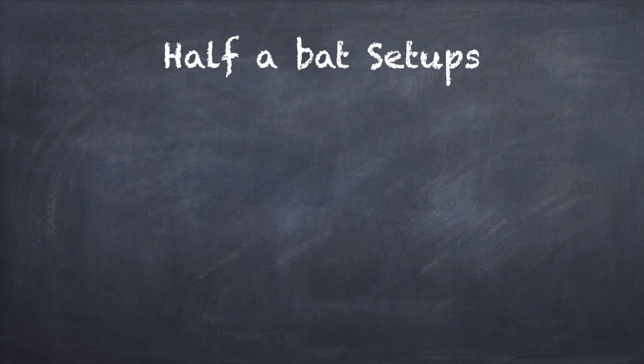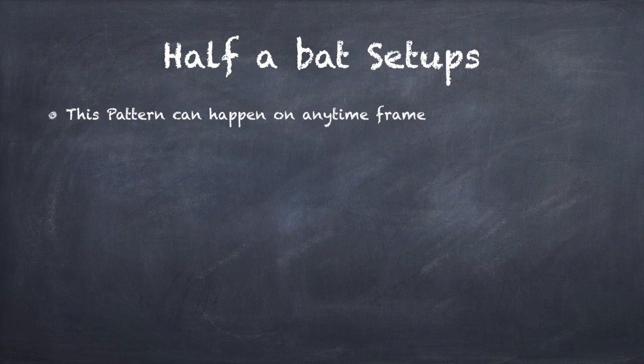What is a half a bat setup? It's a pattern that can happen in any time frame. It could happen on a daily, on an hour, or on a 15-minute candle. It depends on the time frame you're looking at, as far as how long it takes to develop. But for this instance, let's talk about it developing on a 15-minute time frame.